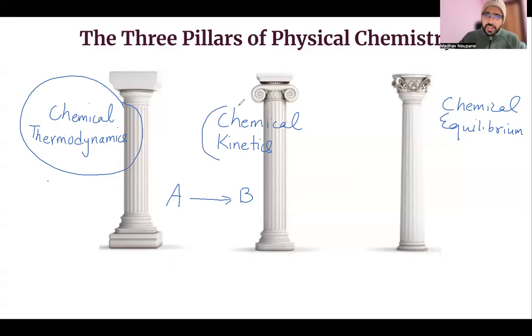The other one is chemical kinetics. You can guess by the name itself, kinetics meaning speed. So let's say this reaction happens. How fast does it happen? What determines the speed of a reaction? Can we tweak some aspect within the reaction so as to improve the speed of the reaction? Can we make the reaction faster? All the parameters that are going to impact the speed of the reaction, we are going to discuss in chemical kinetics, right?